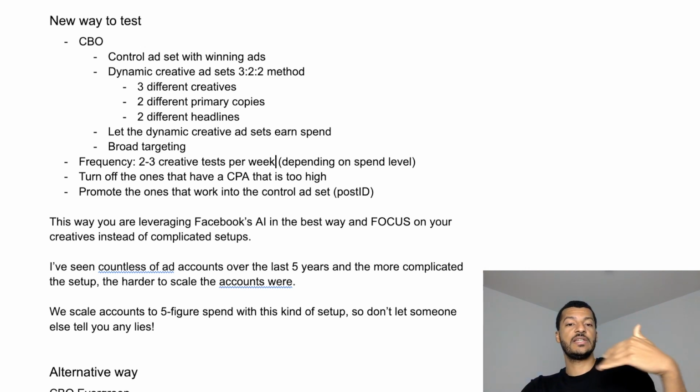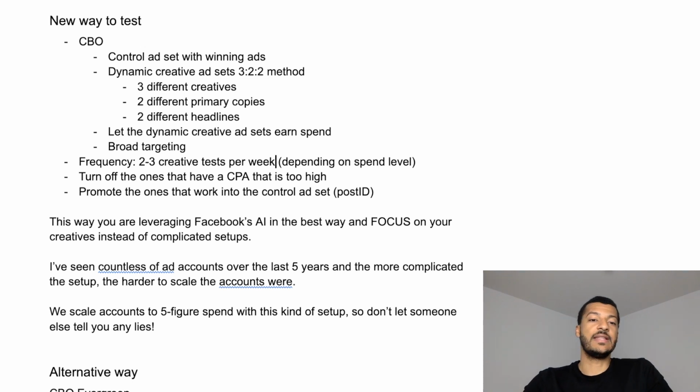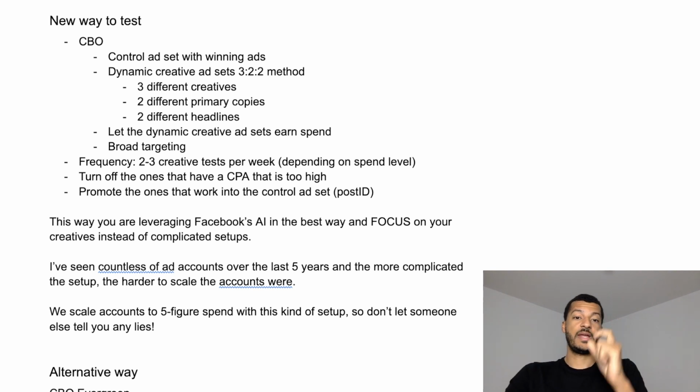Increase the spend, obviously, as long as you hit your targets, and then it's getting easier for those dynamic ads to work. Other than that, if you're pushing too many tests in there, you take away spend from the ones that are working, and especially at low spend levels, this can be detrimental to your overall results.